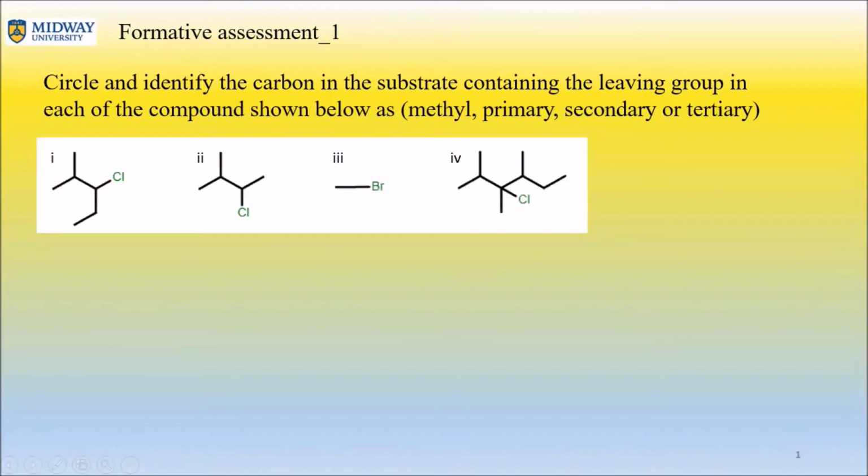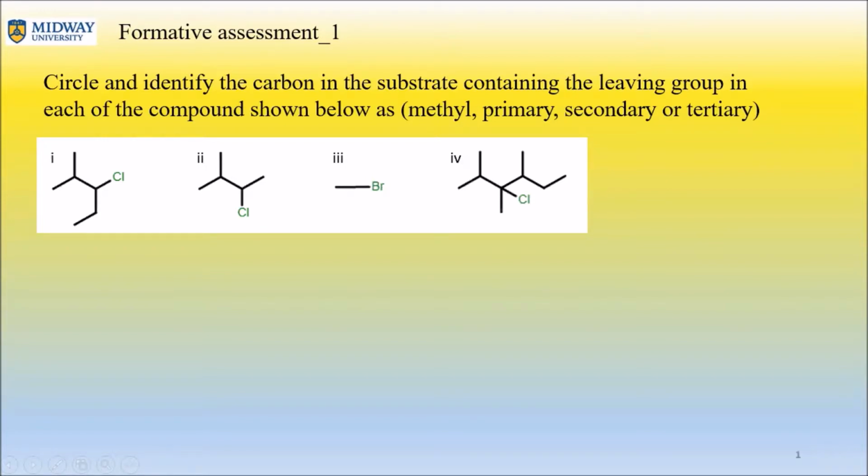I have 4 sets of compounds here, and your job is to circle the carbon that contains the leaving group and identify whether that carbon is methyl, primary, secondary, or tertiary.